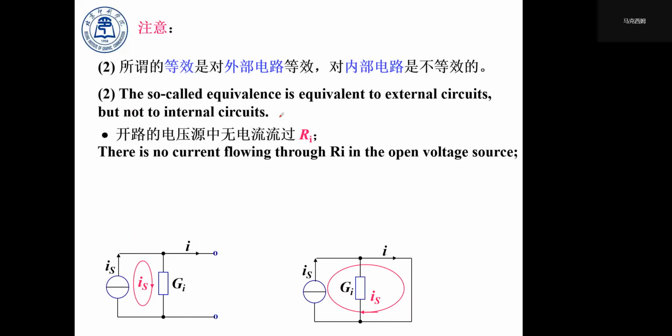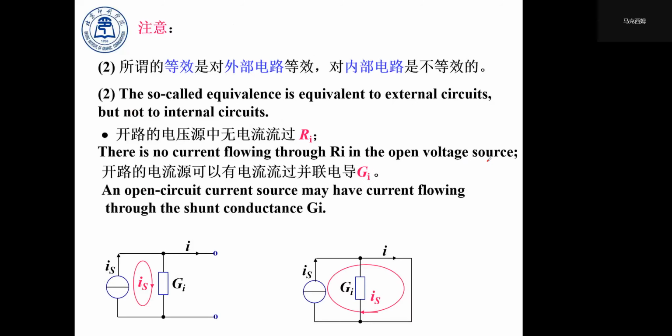And we know that there's no current flowing through the RI in the open voltage source. An open-circuit current source could have current flowing through the shunt conductance GI. So once you cut this, there's nothing in between the points.